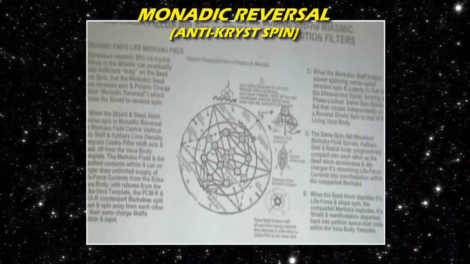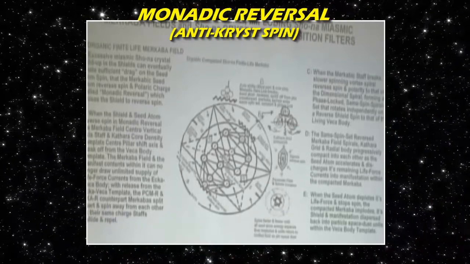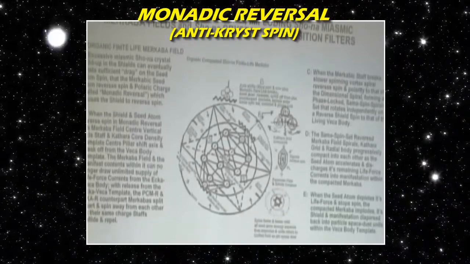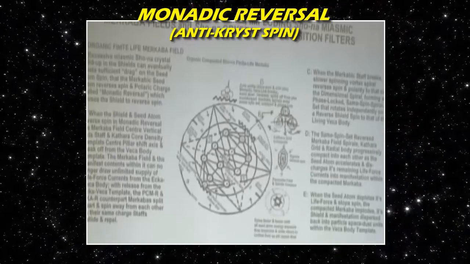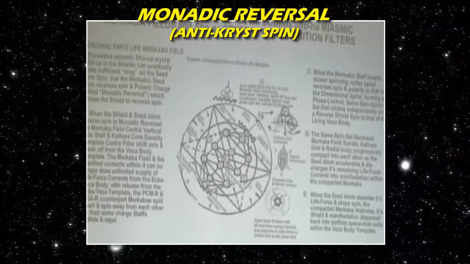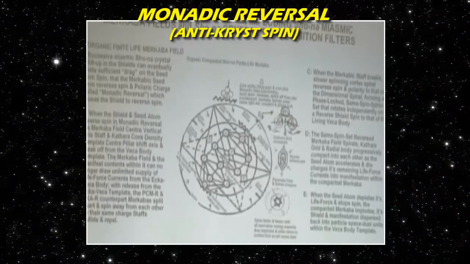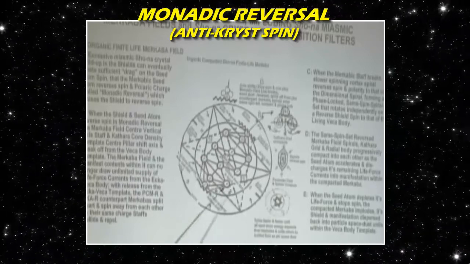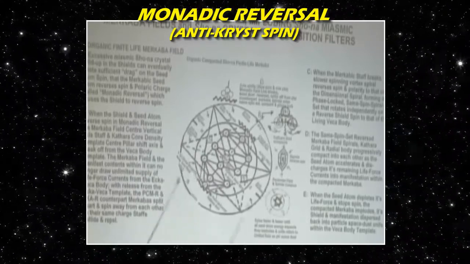But it will start to get faster and faster and faster. The Merkaba will spin faster and faster, and the seed atom will start expending itself faster and faster until eventually it has no energy left. It loses all of its thrust. It's expended it all, puffed it out into manifestation. It makes the Merkaba bloat, like compact together this way.